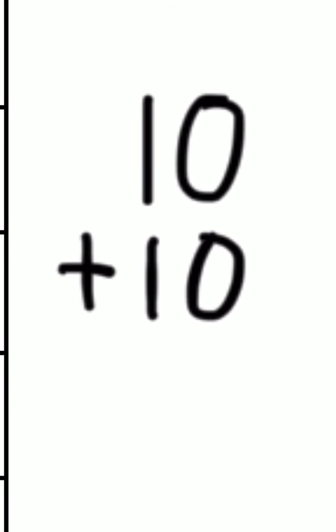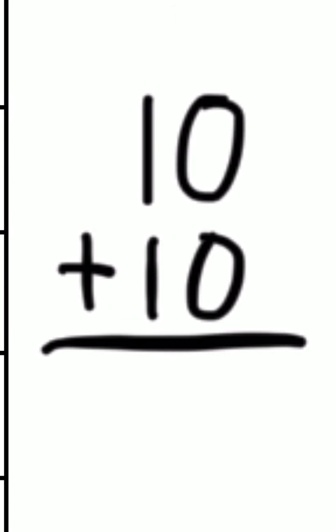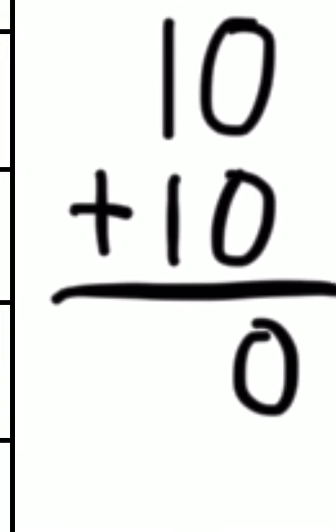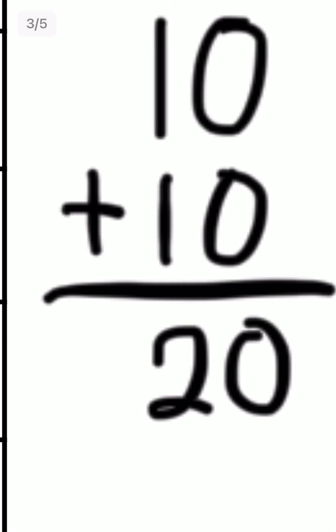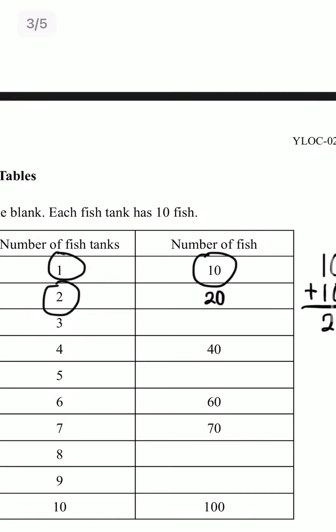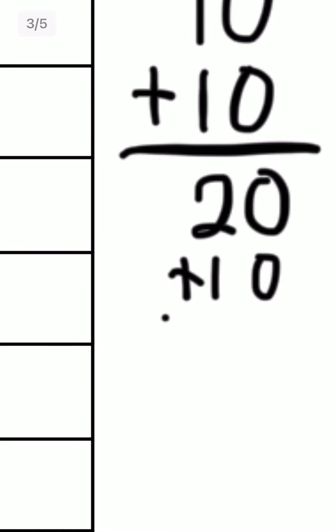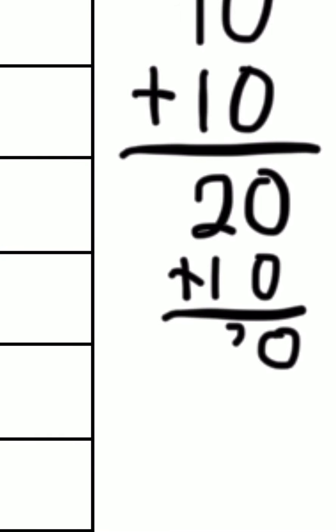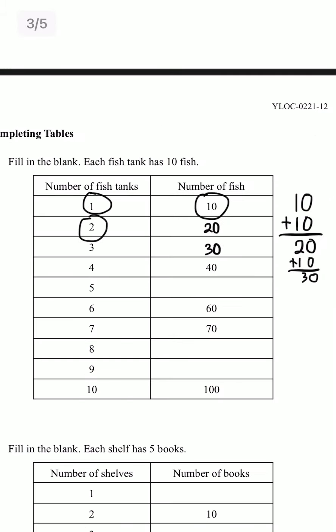So we need to add 10 and 10. 0 plus 0 is 0, and 1 plus 1 is 2. So it's 20. And then we need to add 10 again, which is 30. So we need to write 30 over here.